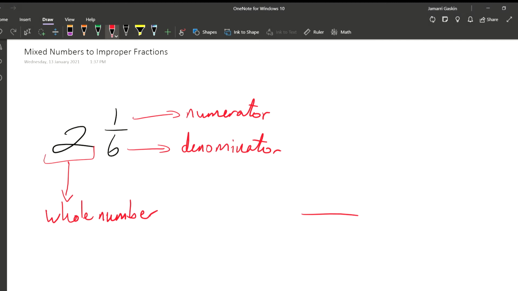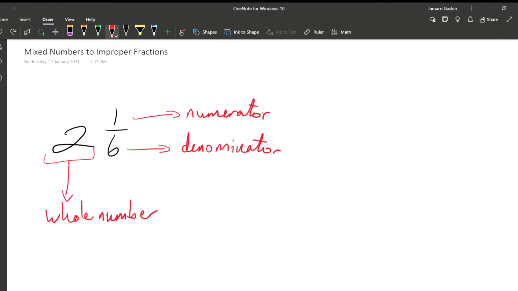Say you have a fraction like 10 over 2. 10 is bigger than 2, so the top number is bigger than the bottom number. This is an improper fraction. In primary school, you would call it top heavy. So when we work out 2 and 1/6, we want a top number that is bigger than our bottom number.